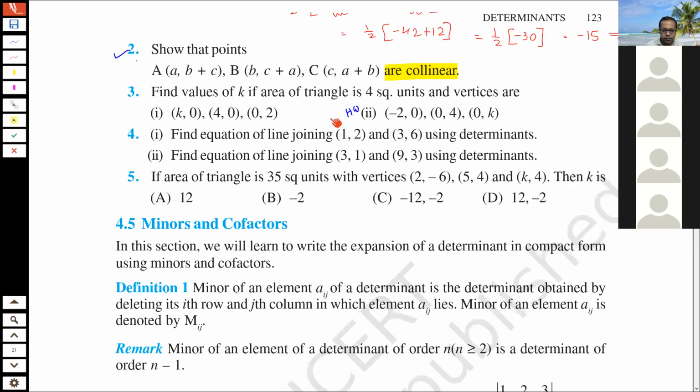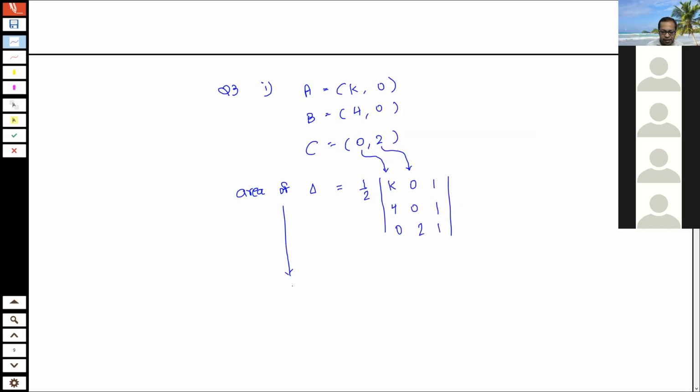Okay. So area is 4 square units. Basically, area might come as positive or negative. We take positive. So I will write plus or minus because here accordingly K may have different signs. Is equal to half. Now I want to expand this.